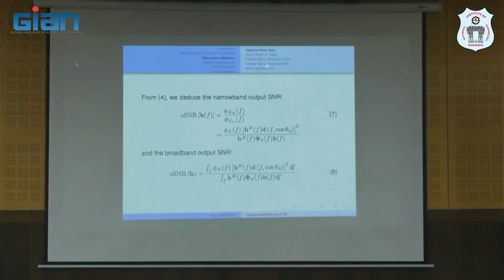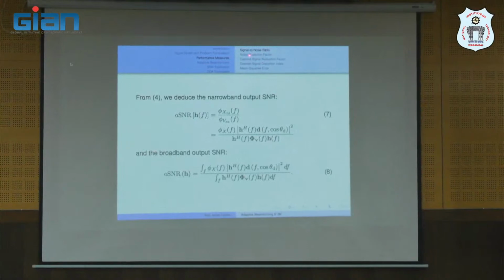Okay? And we can define the noise reduction factor. Also, the noise, we assume free field, free environment. But we know the noise field. We know the correlation matrix of the noise. So we can define the noise reduction factor. We can define the desired signal reduction factor, desired signal distortion index, mean squared error.